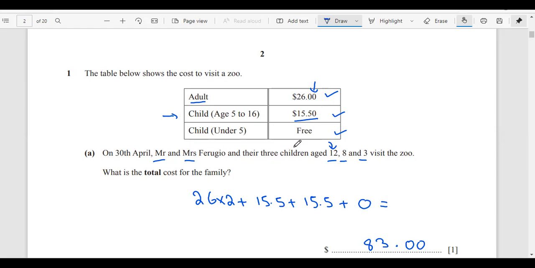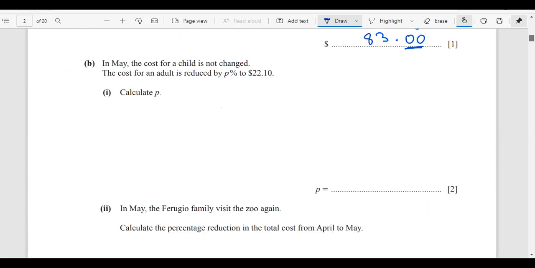The answer could be 83.00 or 83. Obviously, the values are the same. If the question has values with these many decimal places, the answer is also going to have these many decimal places. But it's your choice. This was the first part of the question.